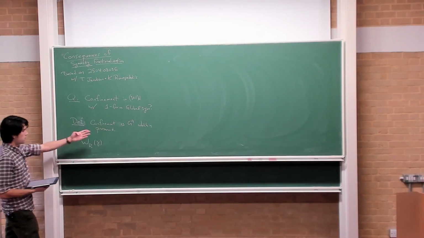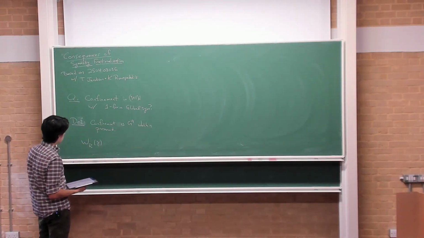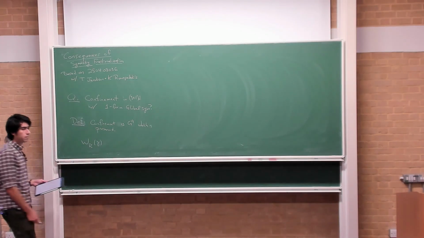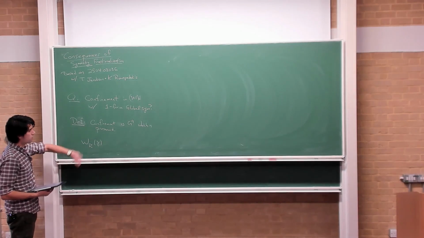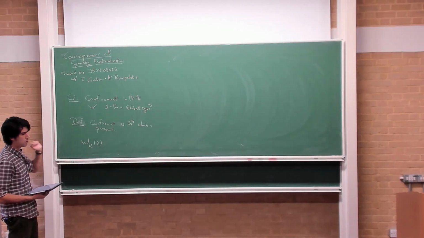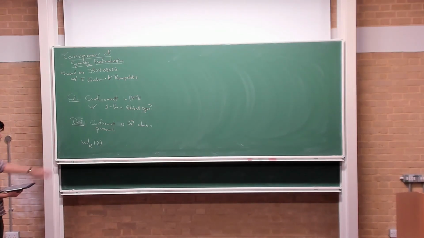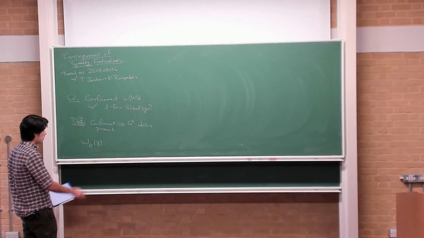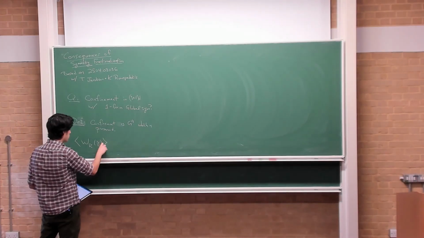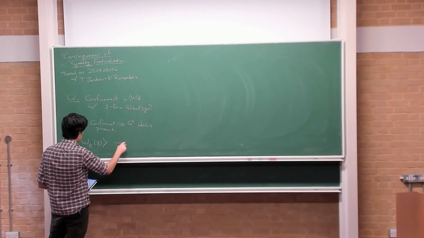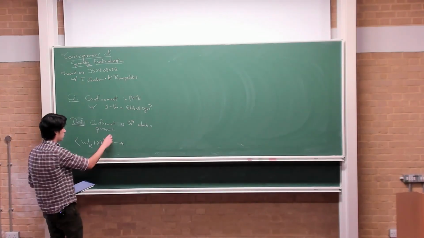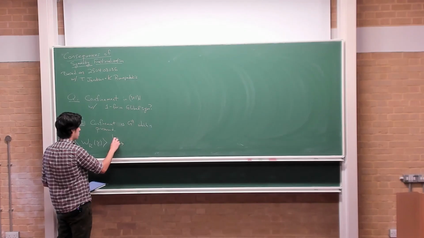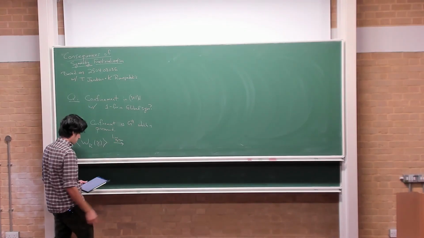And here, I'm thinking about the one-form symmetry as the center symmetry of the gauge theory. Yes, this is the center. Gauge theories often have a one-form symmetry, but I only want to talk about center symmetry here. The center symmetry acts on the Wilson lines, and you can distinguish the different phases by what the expectation value looks like in the infrared, that is, in the limit as the radius of the curve goes to infinity.